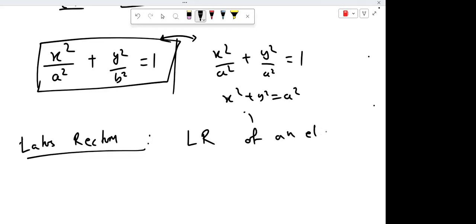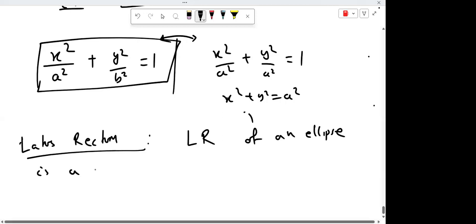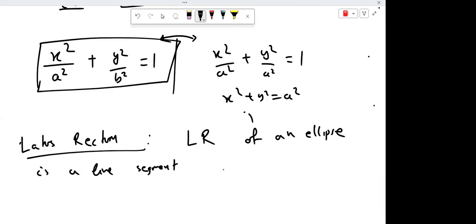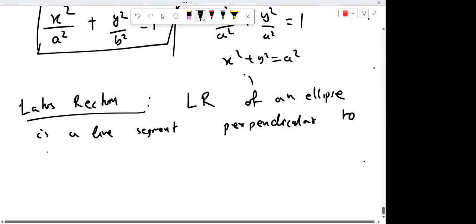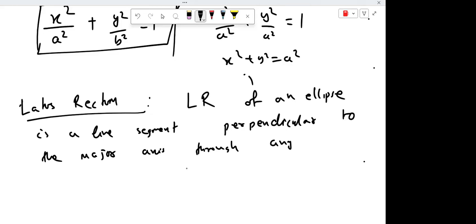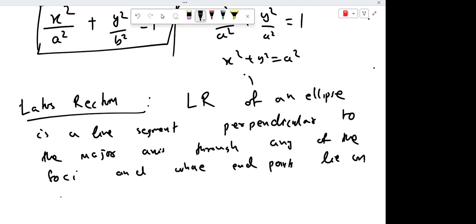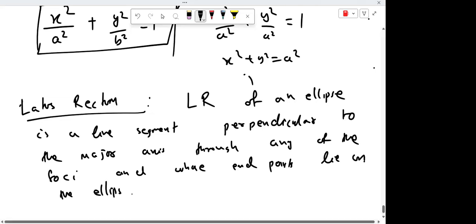The LR of an ellipse is a line segment perpendicular to the major axis through the foci and whose endpoints lie on the ellipse. Okay.